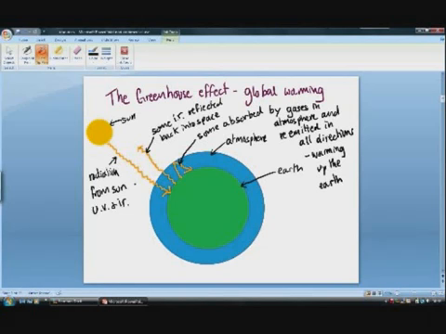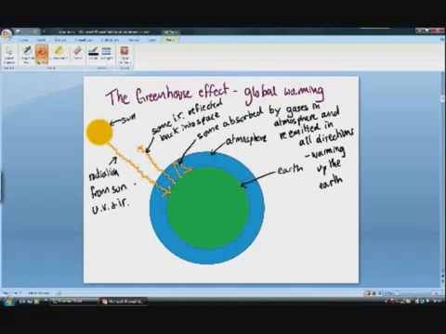Now, the reason is because the concentration of greenhouse gases is increasing through our use of fossil fuels and other activities. So that's causing the greenhouse effect to become greater, which is causing increased warming of our planet at too fast a rate and leading to the problems.